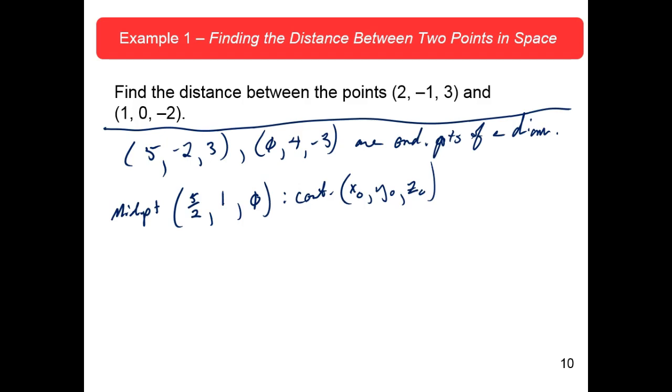What will that tell you? The distance formula itself will not give you the standard equation of the sphere. But what is the distance between these two called, the distance between two endpoints of a diameter? What would that give you?